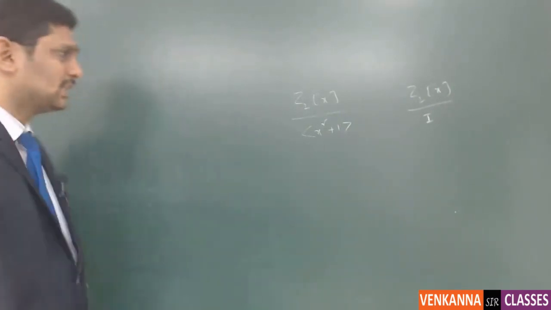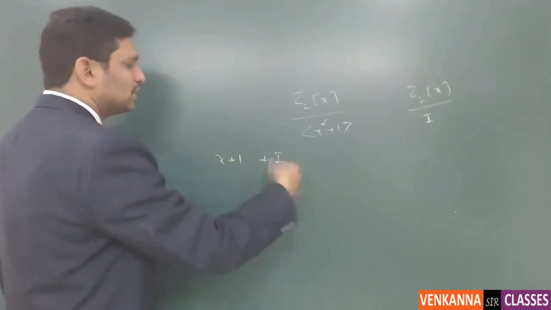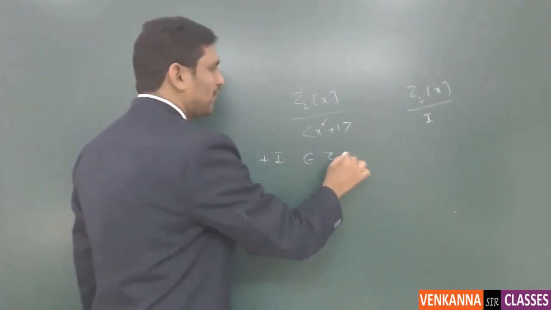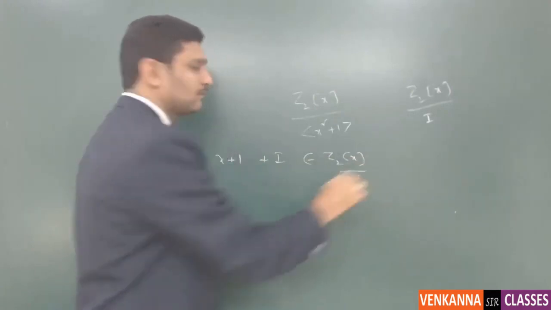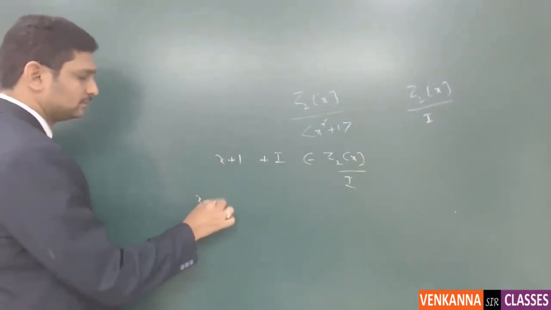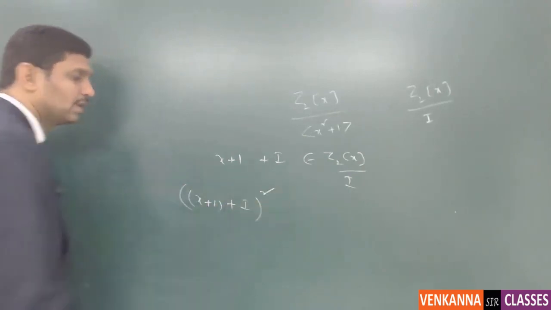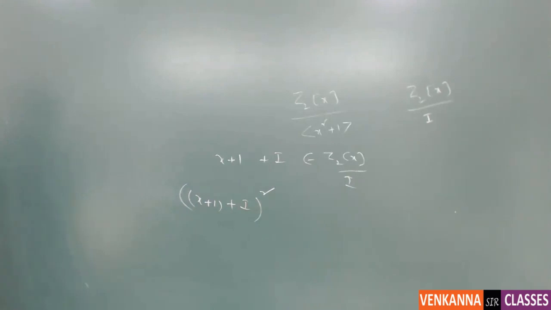So what it means, I have taken the non-zero coset in Z2 of x by I. You consider its square, just like the previous problem.